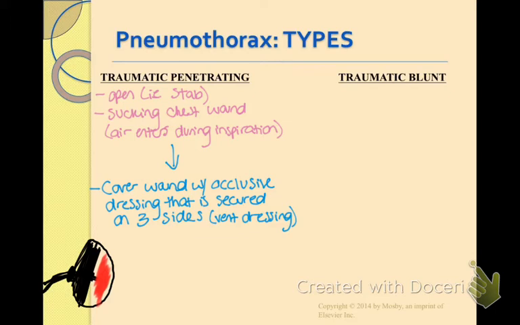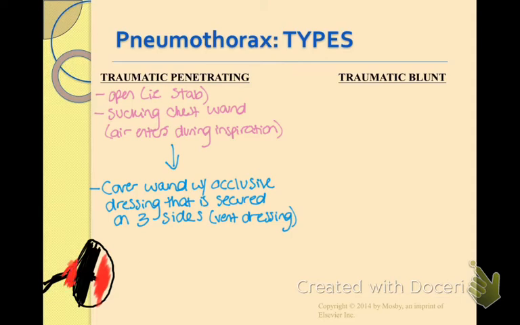So what we want to do is cover that with an occlusive dressing that's secure, but we only want to secure it on 3 sides. 1, 2, 3. We want to leave a flap open because as they breathe in, we want that dressing to collapse against the skin.